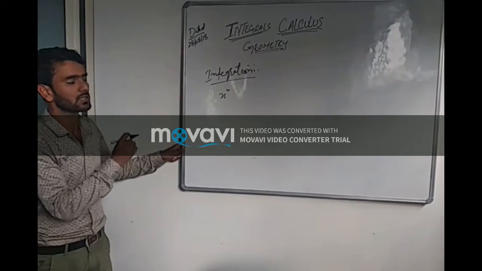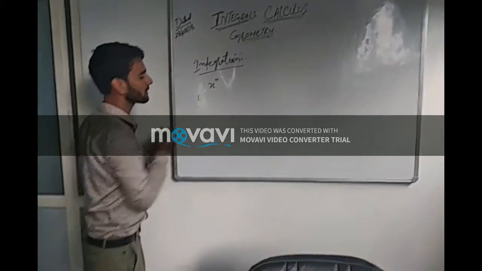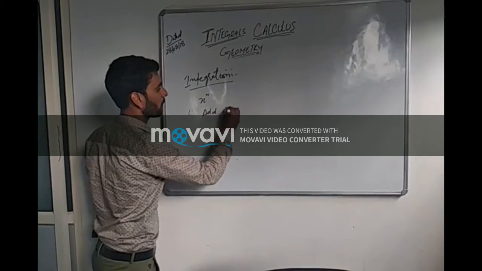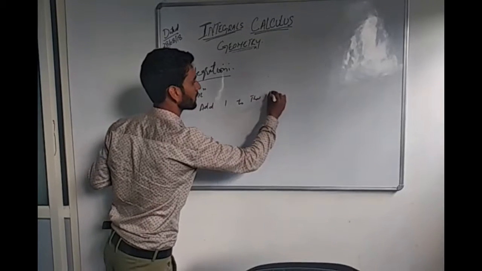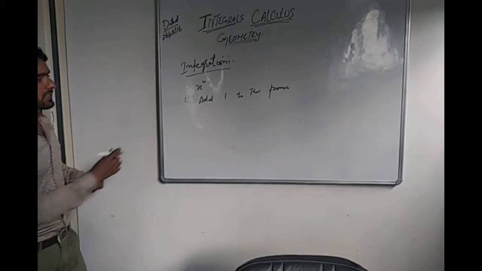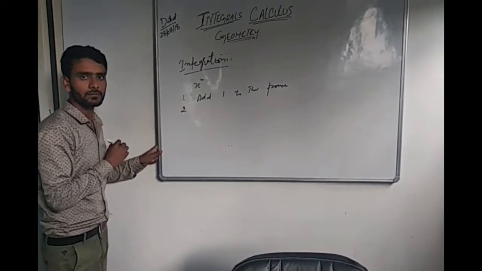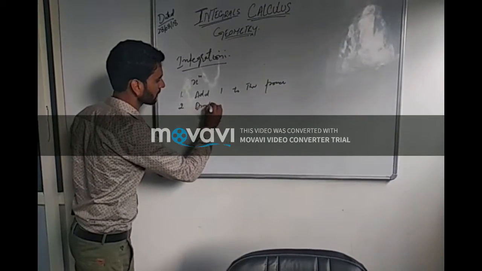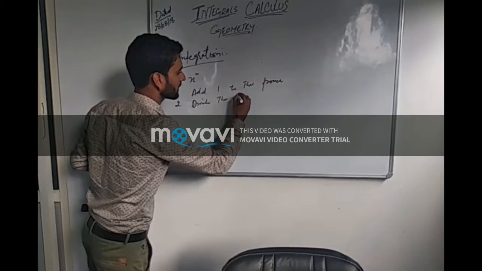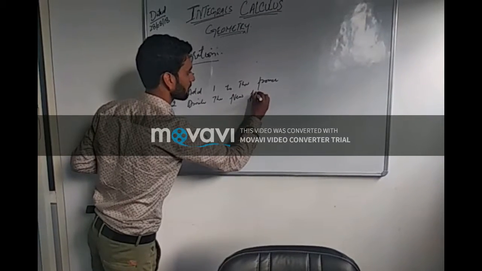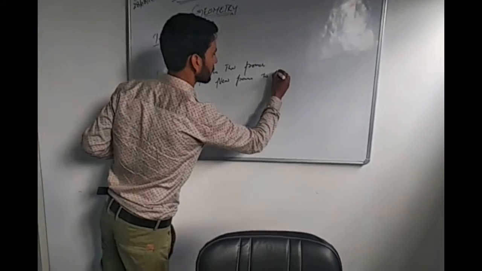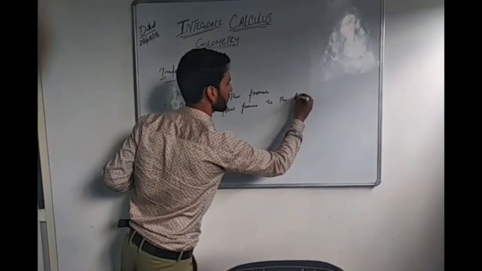The first step is add 1 to the power. And the second step is divide by the new power.